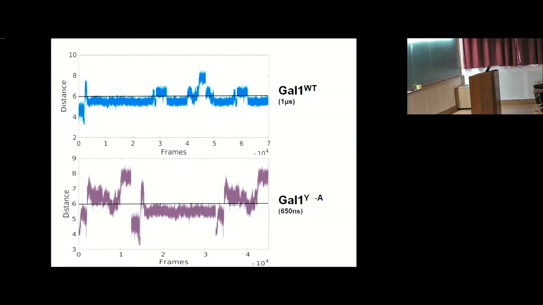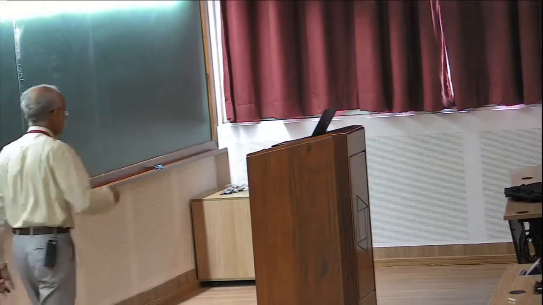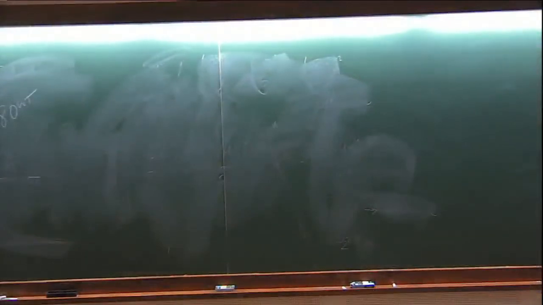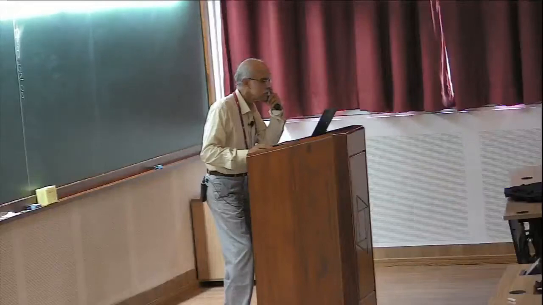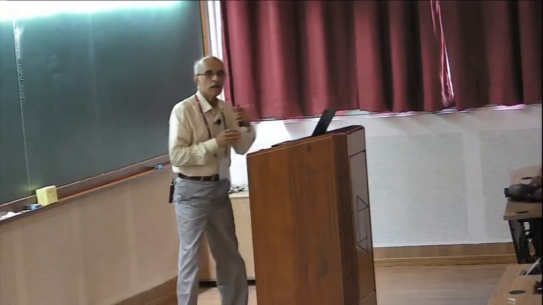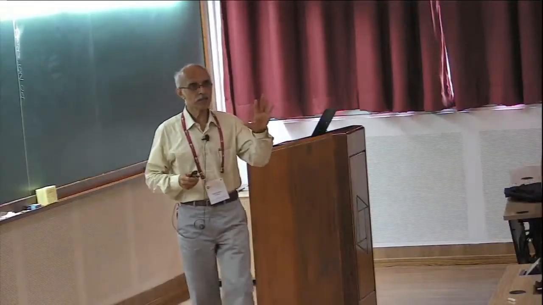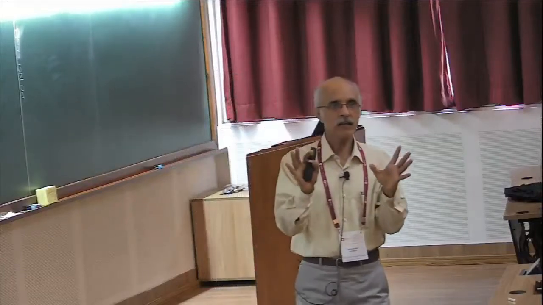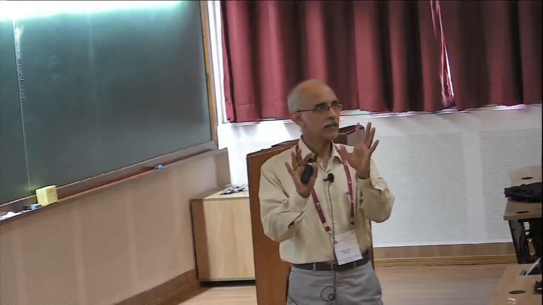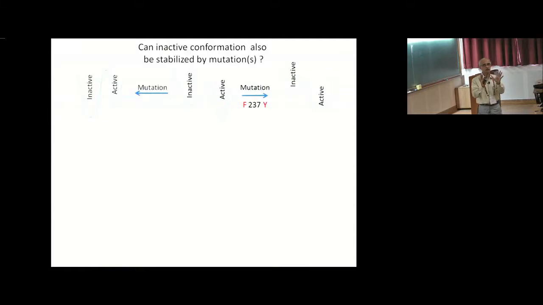Probably I can show you some. Okay, so now I'm talking about the GAL3 protein. If you take a wild type GAL3 in a cell, it exists in an active conformation and an inactive conformation to start with when you are growing it in glycerol, right?